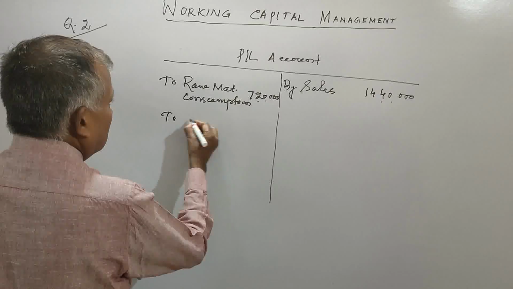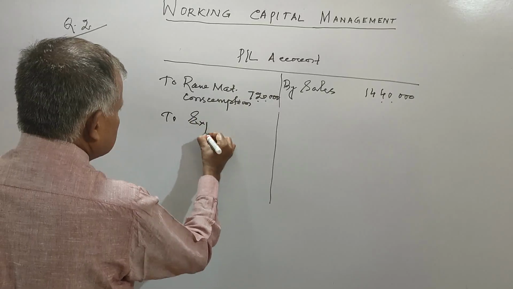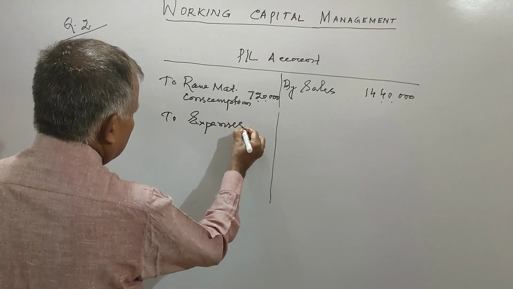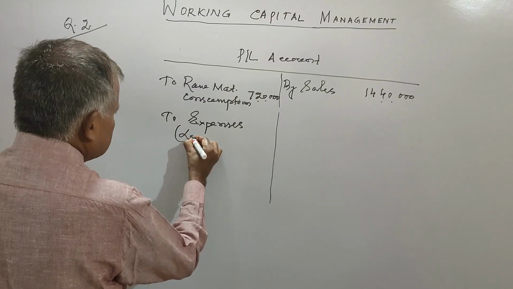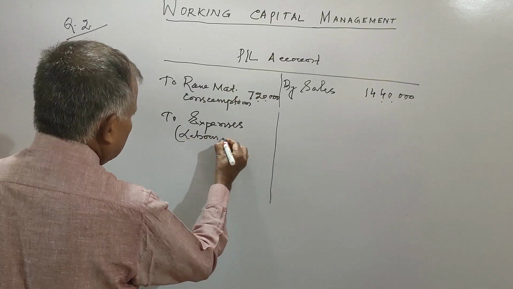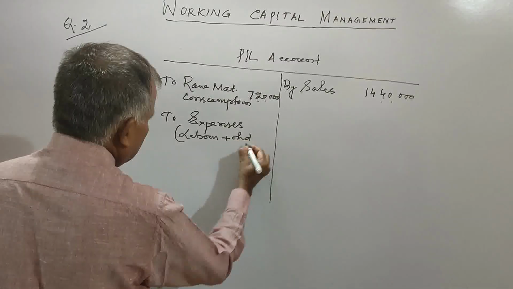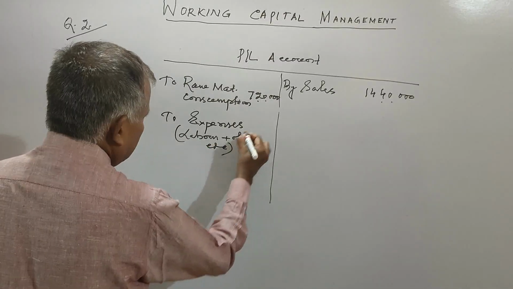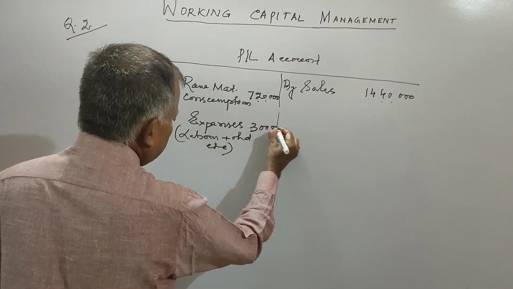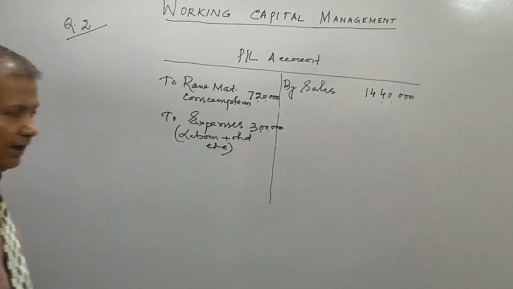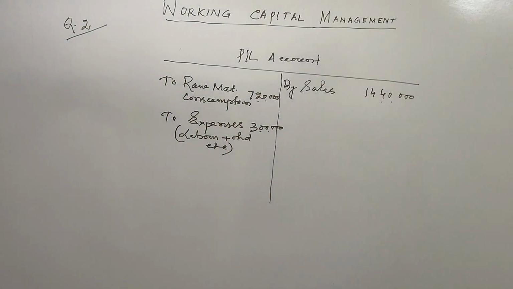To expenses, labor, overhead, etc. All expenses 3 lakh they have given, and they have also given you in the question the cost of production 12 lakh.